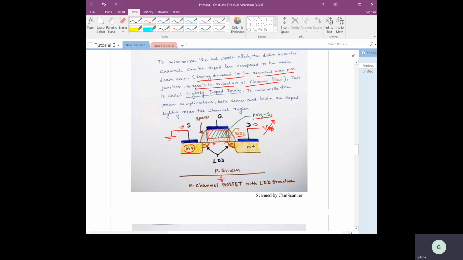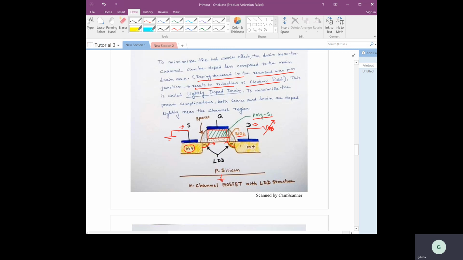Now the question you might ask is, why not make the entire region lightly doped? Why do we need heavy doping at all? The answer is, when you are making an ohmic contact with a semiconductor, until and unless that semiconductor is heavily doped, you really don't get a good ohmic contact. So what will be the effect of that?